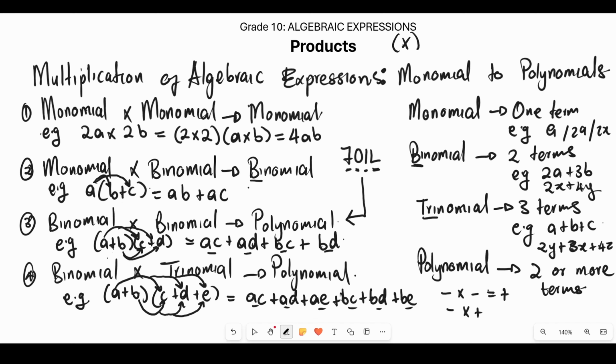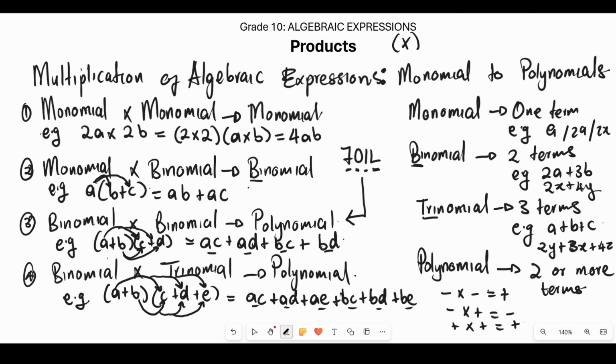Negative multiply positive, it gives you a negative. And also a positive multiply negative, it gives you a negative, which you just swap them around, and a positive multiply a positive, it will give you a positive. So please do not make mistakes around these multiplications of sign because they're very important in simplification of products.